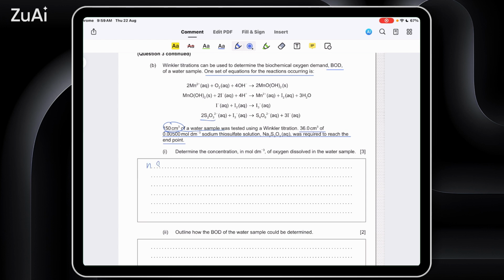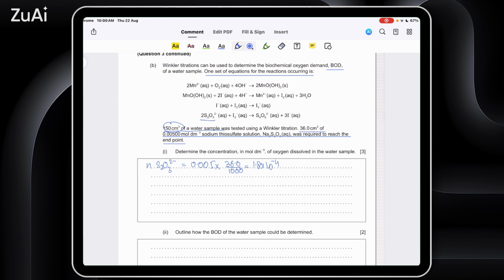Moles of thiosulfate, S2O3 2-. The concentration is given, that is 0.005 times 36.0 divided by 1000. So 1.8 times 10 to the power negative 4.